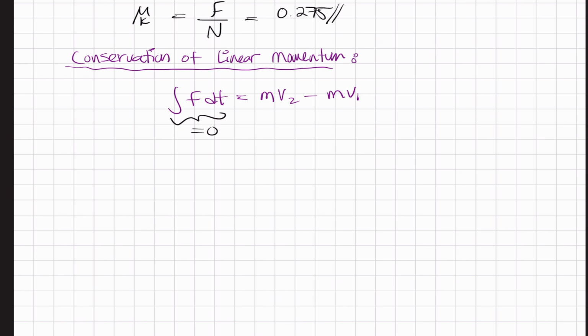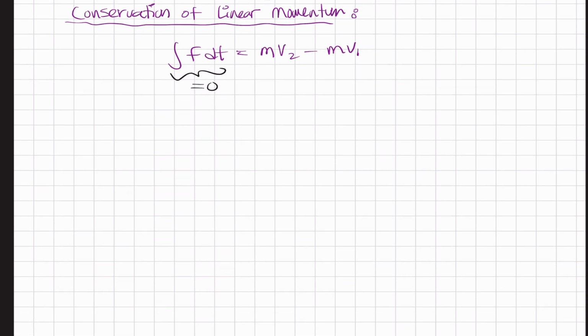And so the right-hand side can be generalized into the following. We have the sum of masses, each having an index, times vi1, so their original velocities, equals the sum of those masses times vi2. And of course, for every mass, you have a different index, right? If mass 1 is index 1, mass 2 is index 2, and so forth.